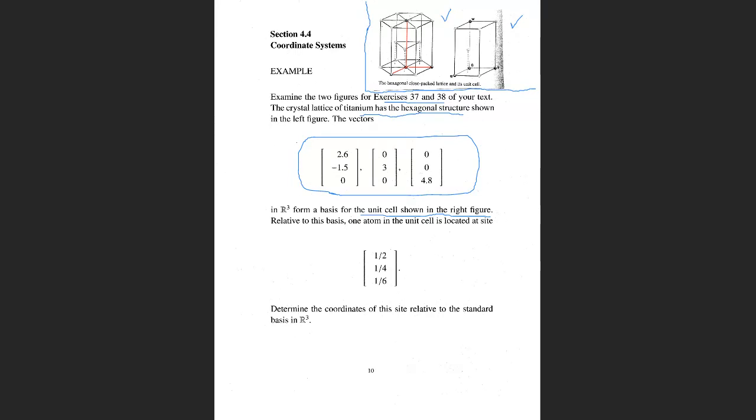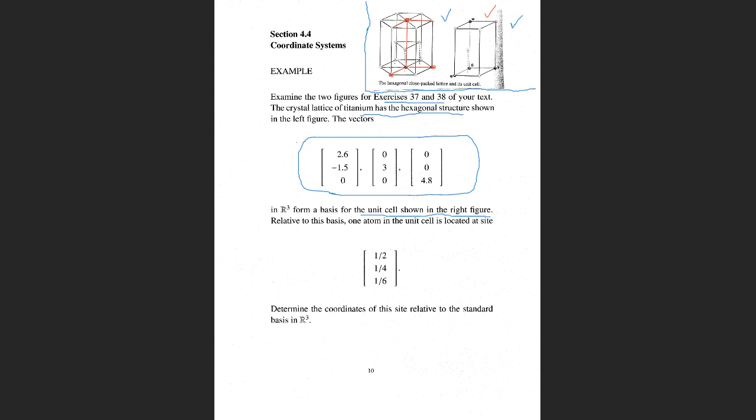So what they have here are three dots. And on the right here, they're taking out that cell.